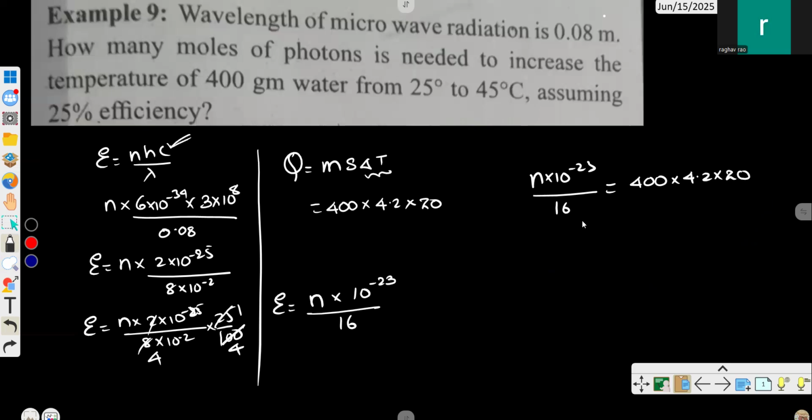Now, if I send this across, 400 into 20 is 8 into 10 power 3, into 4.2 into 16.